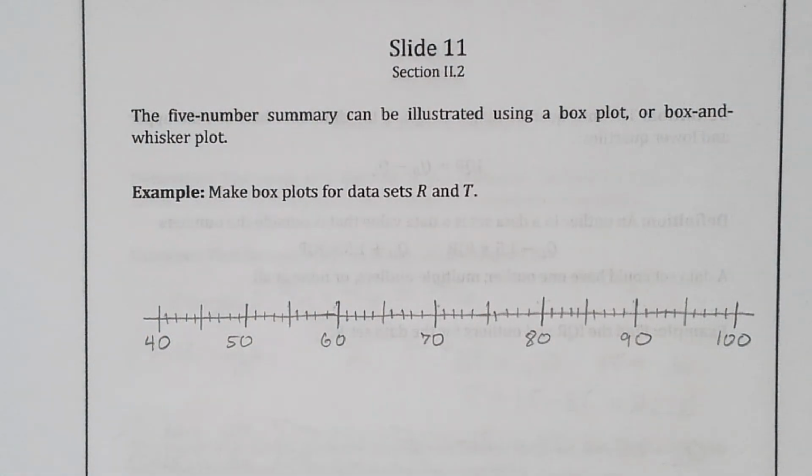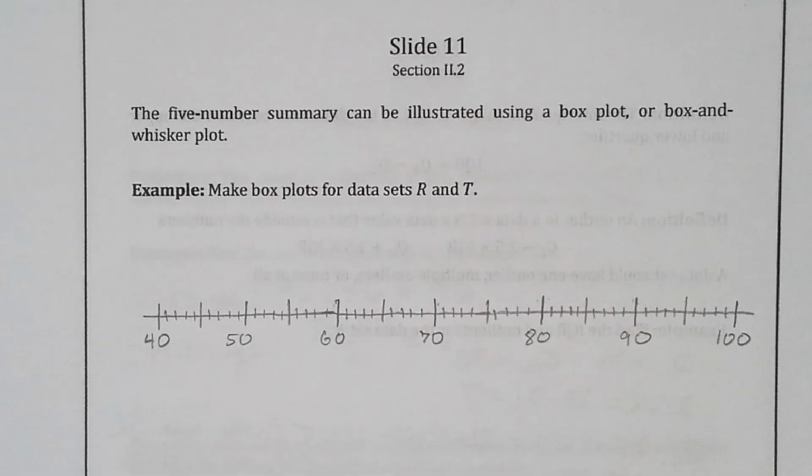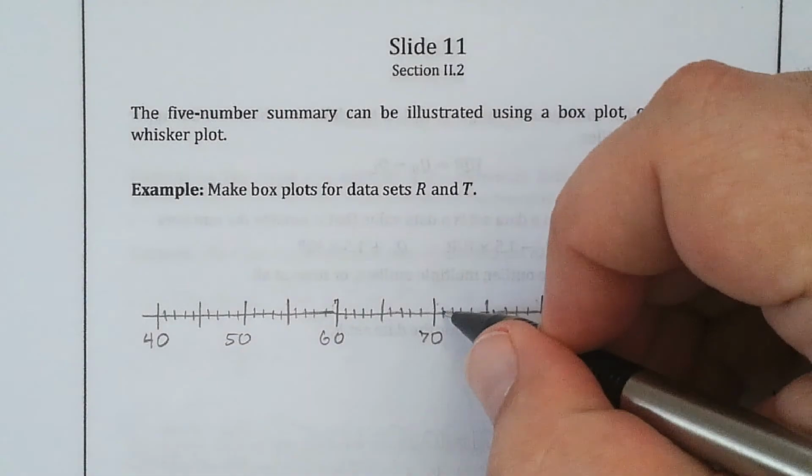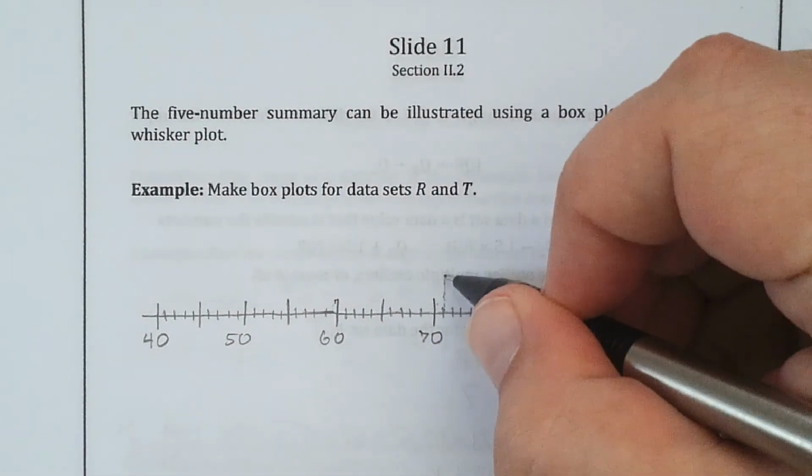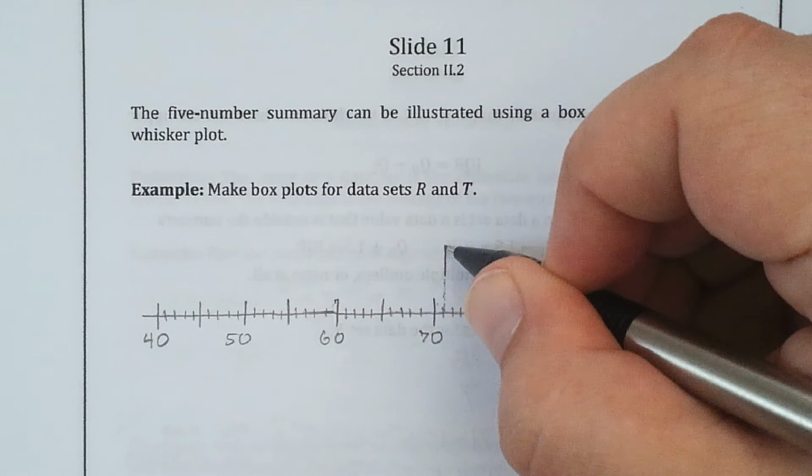So let's begin with the box plot for R. R, remember, had a lower quartile of 71 and an upper quartile of 78. So I'm going to begin by making a box going from 71 to 78.